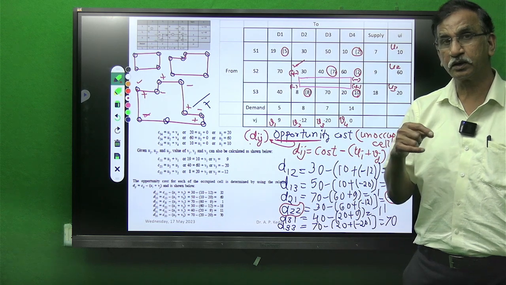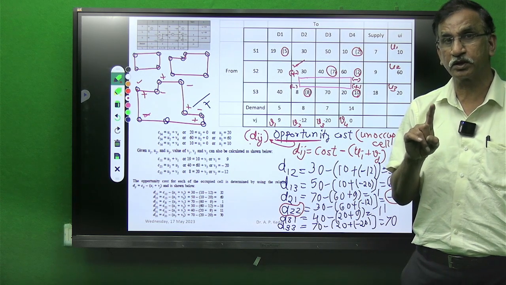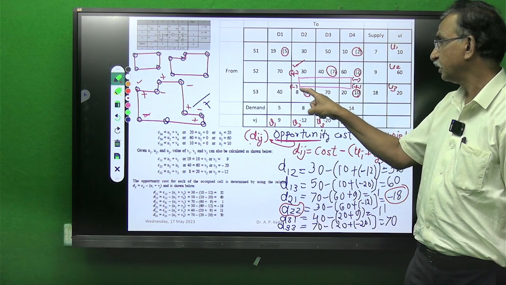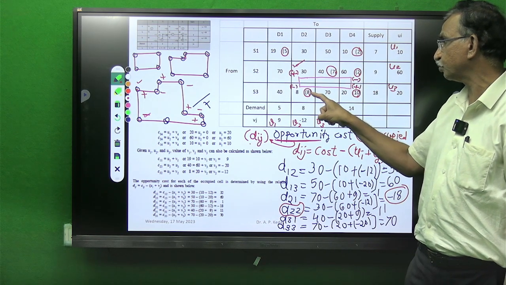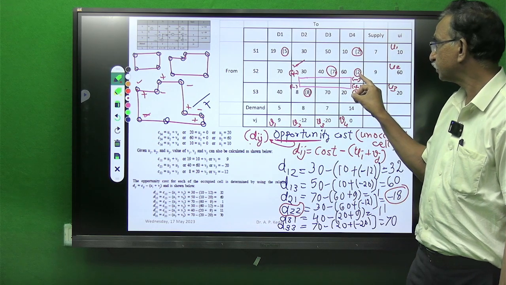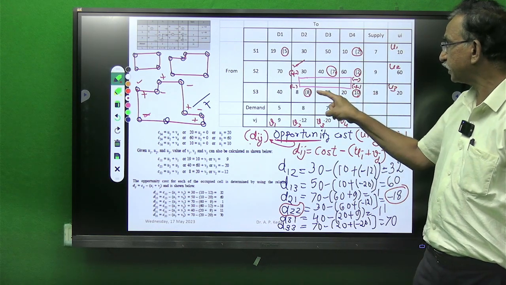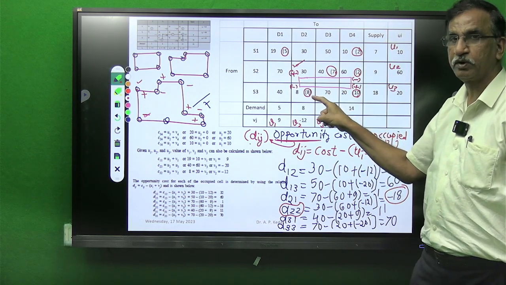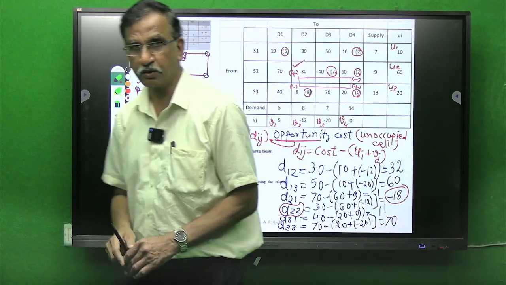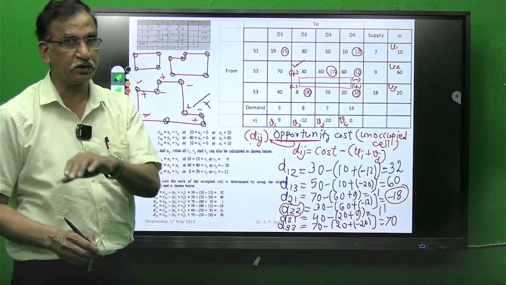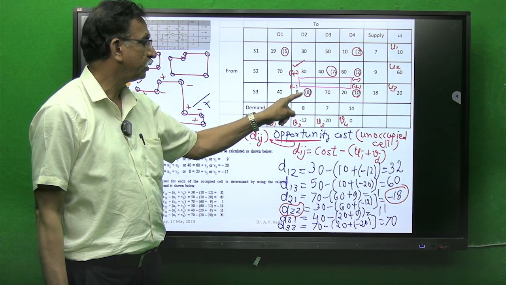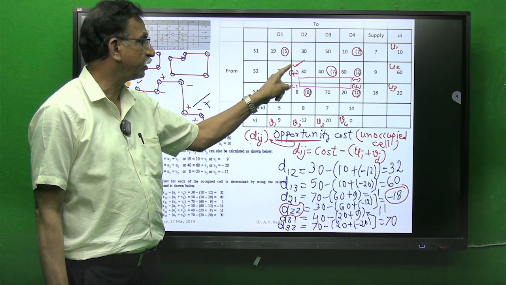I am not saying largest negative, I am saying which is minimum from the minus sign cells. So amongst 8 and 12, the minimum value is 8. This is the first part. Once you did this, you have to add this minimum to the cell where you have the tick mark.